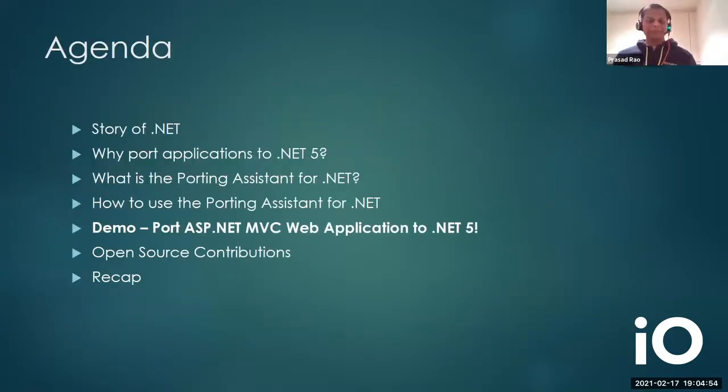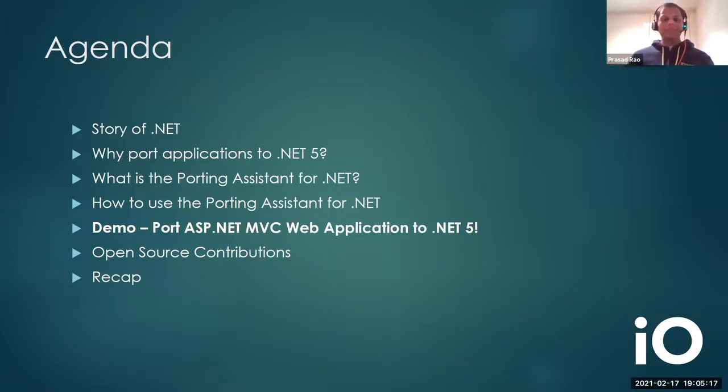So from the agenda perspective, we'll start with the story of .NET, and we'll look into why we should be porting the application to .NET 5. Next, we'll describe what the Porting Assistant tool is, and we'll cover how to use it to convert your current .NET Framework code to .NET Core or .NET 5.